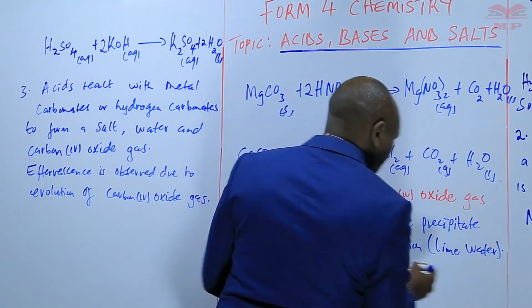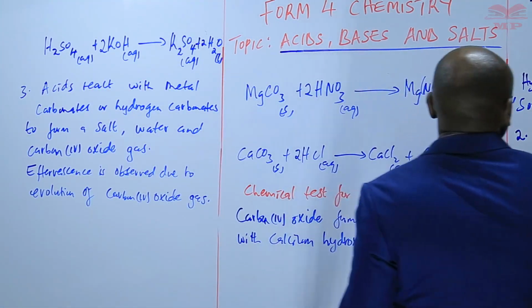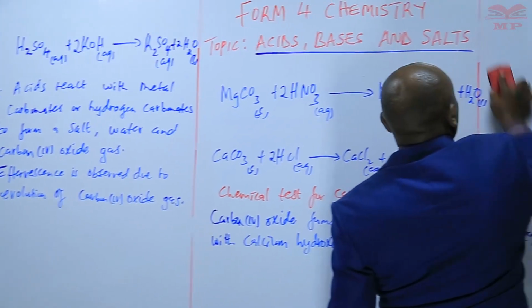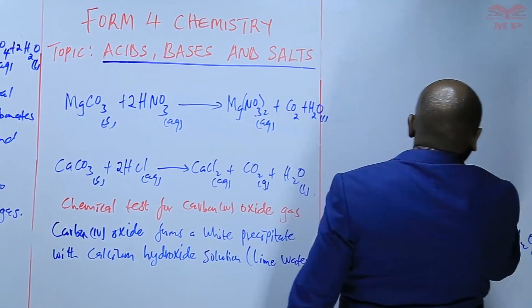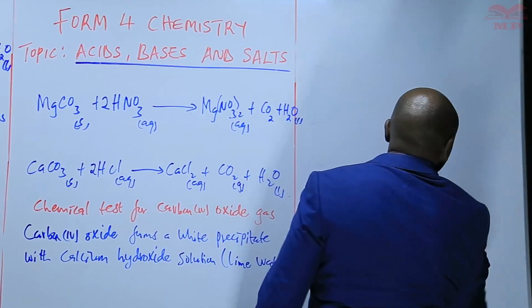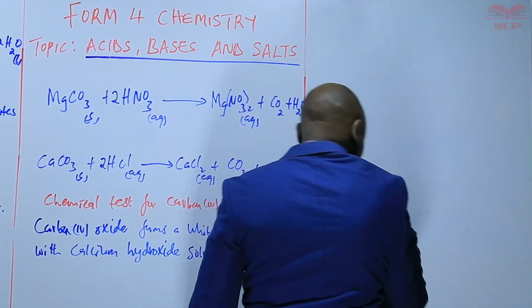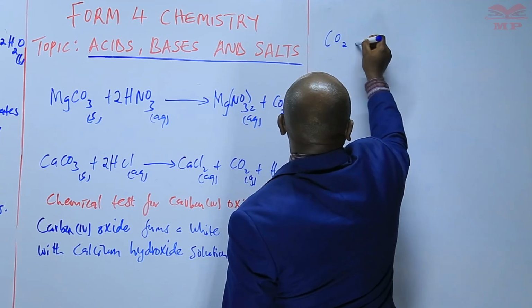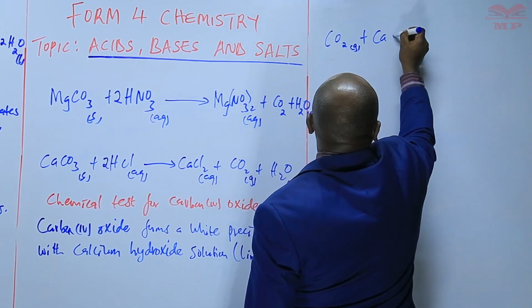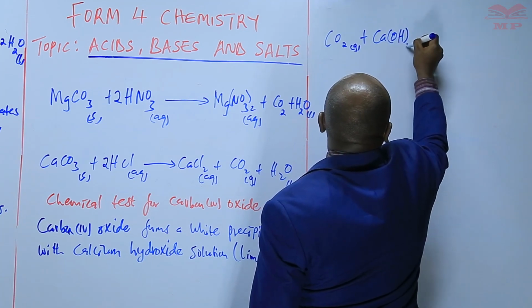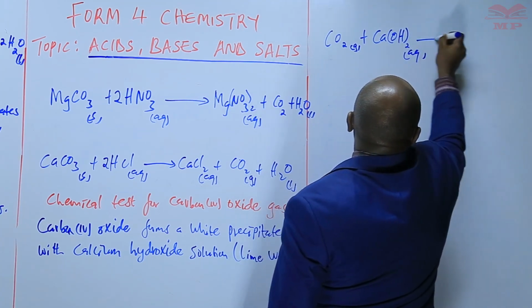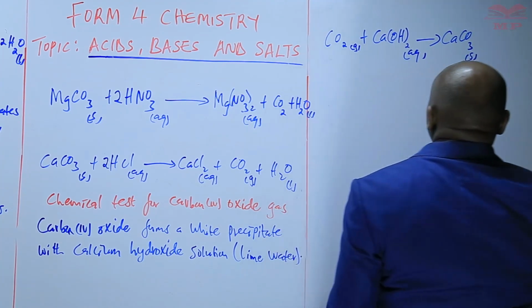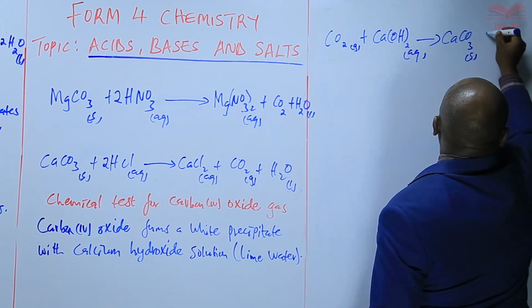And what happens is that the equation for the formation of the white precipitate is that carbon dioxide gas plus calcium hydroxide solution forms calcium carbonate plus water.